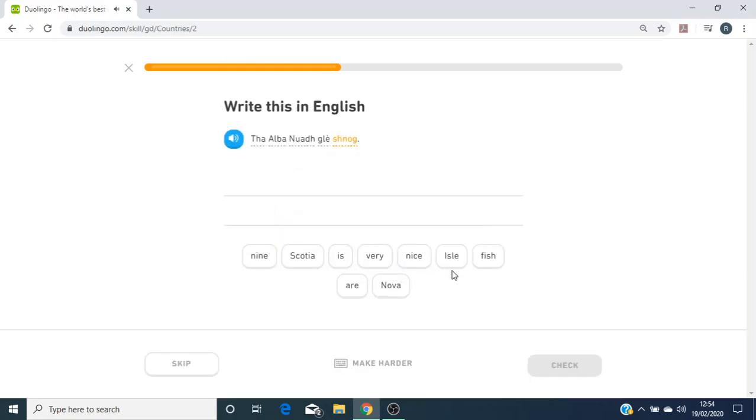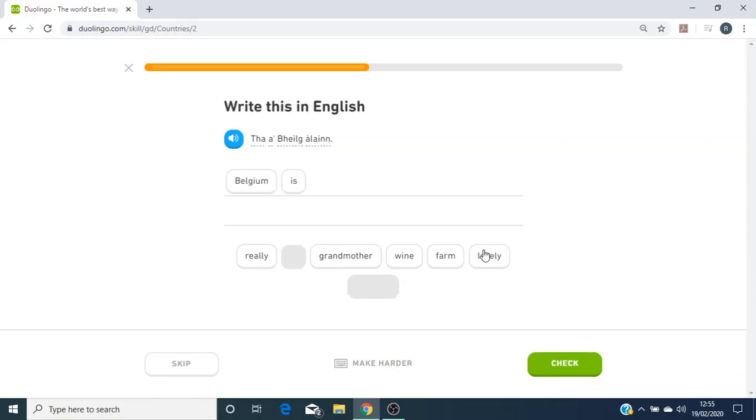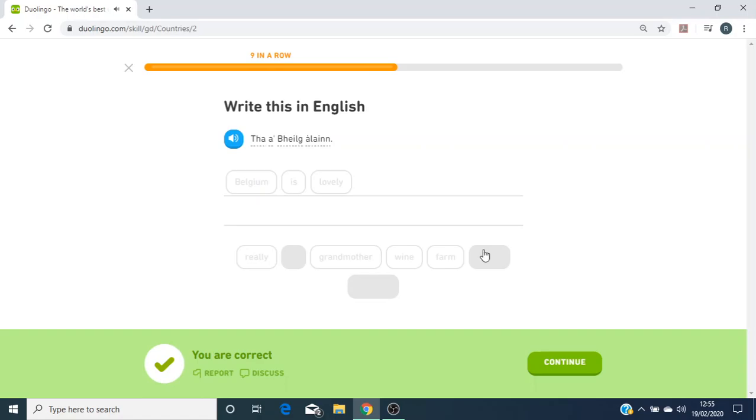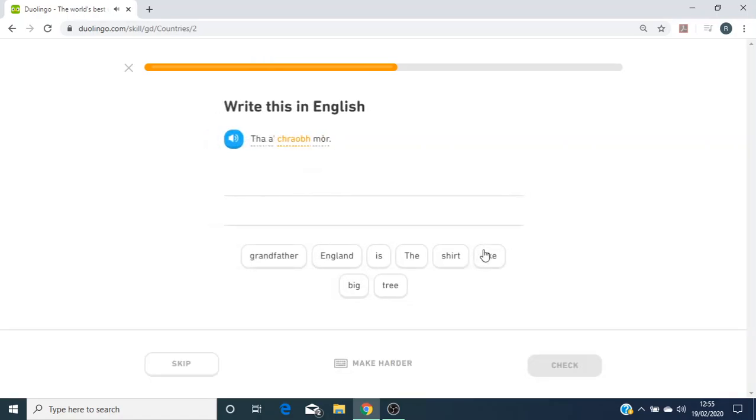Nova Scotia is very nice. Belgium, maybe? Belgium is lovely. Cruv. Oh, that's the tree.